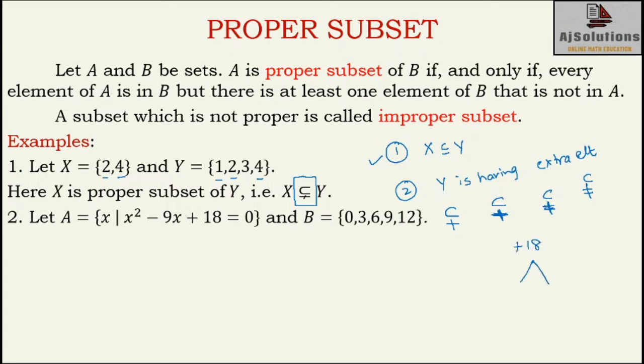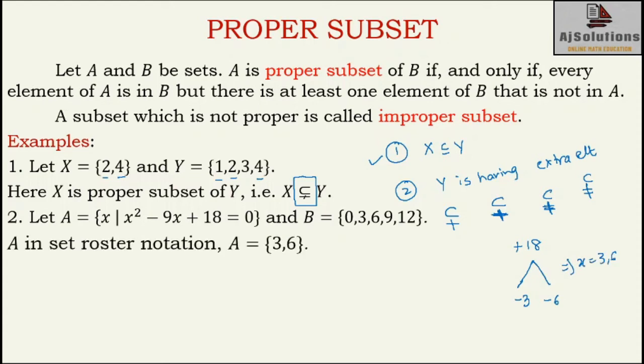To factor this plus 18, we want two factors such that multiplication will give plus 18 and addition will give minus 9. And that is minus 3 and minus 6. And this will give me x as 3 and 6. So we have got A as {3, 6} in roster notation.